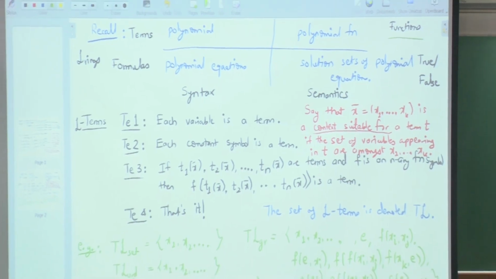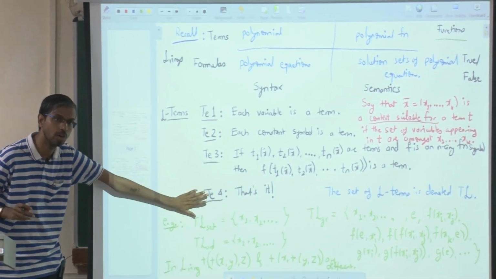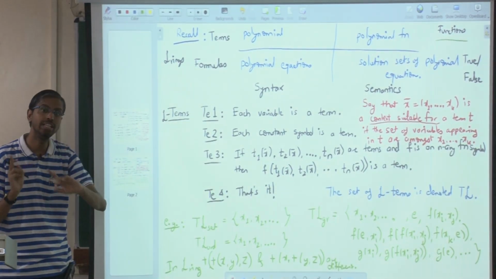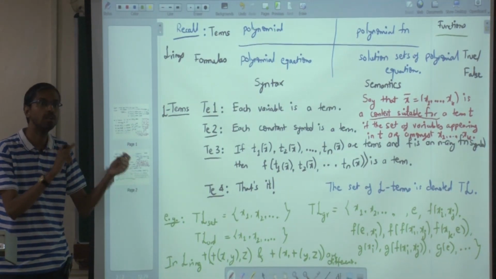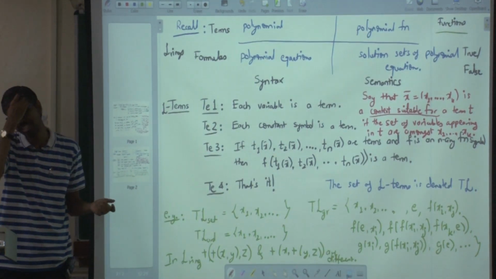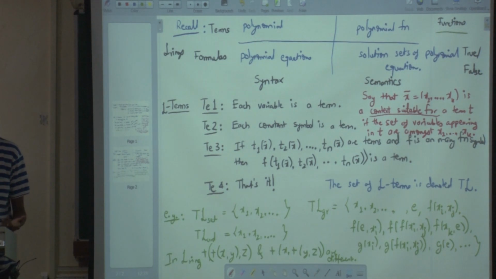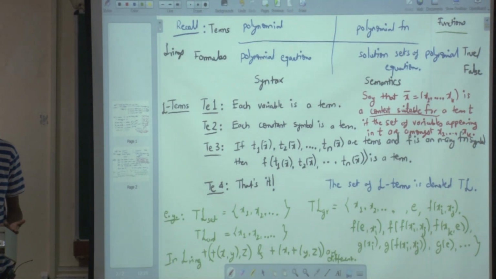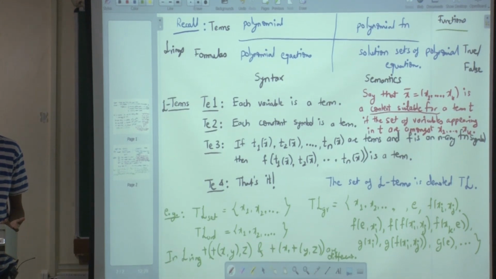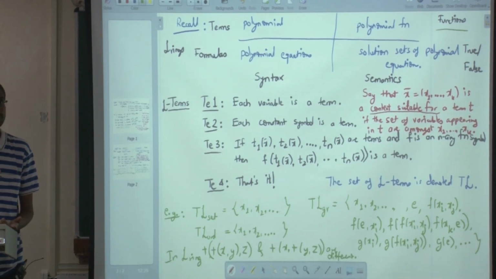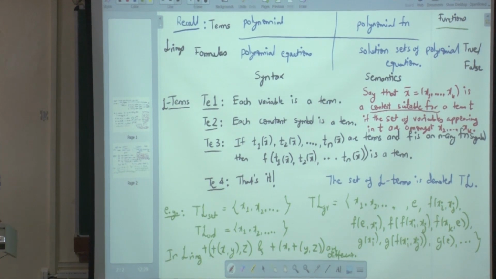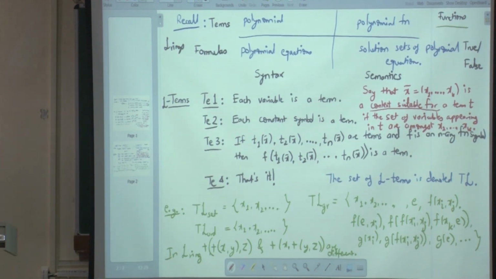Right now these are just terms, just strings of symbols. Now we are going to interpret them as actual functions. But where does that interpretation happen? It must happen in a structure, right?